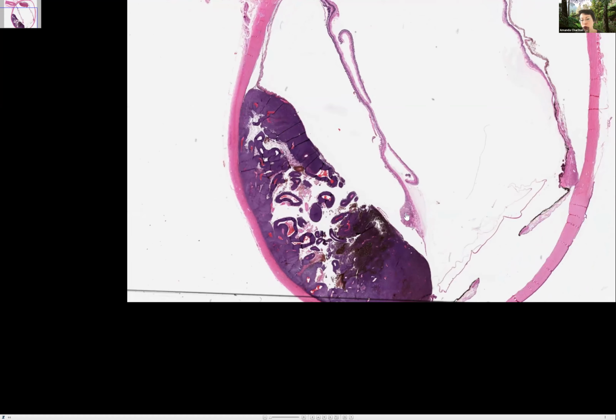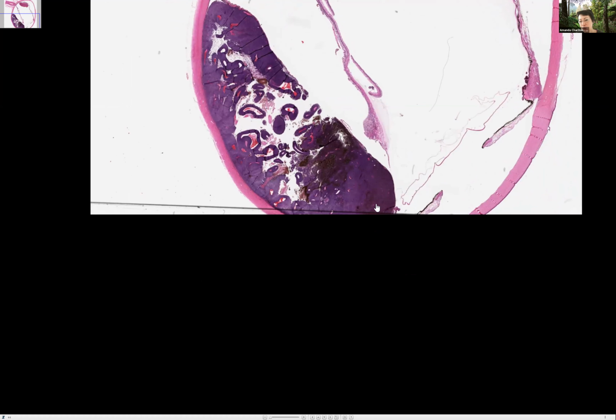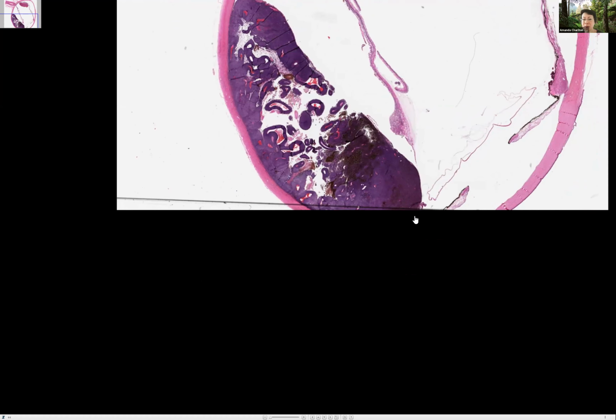It has a dome shape. Anteriorly, it appears to involve the ciliary body, because I can tell there's a little ciliary process here, looking like the ones on the other side. And the ora serrata is probably around here. So it extends from posterior to the equator, anterior to the ora serrata, to involve the ciliary body.